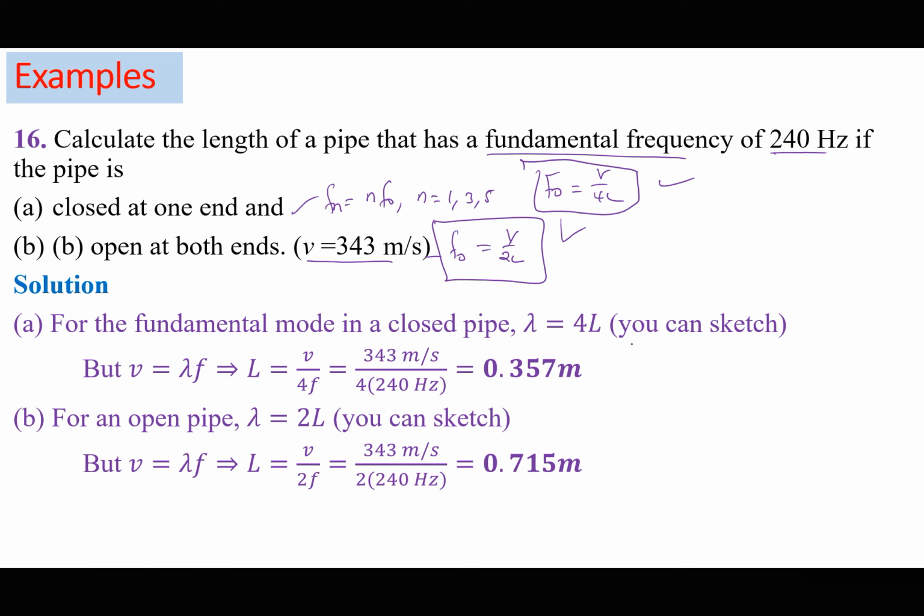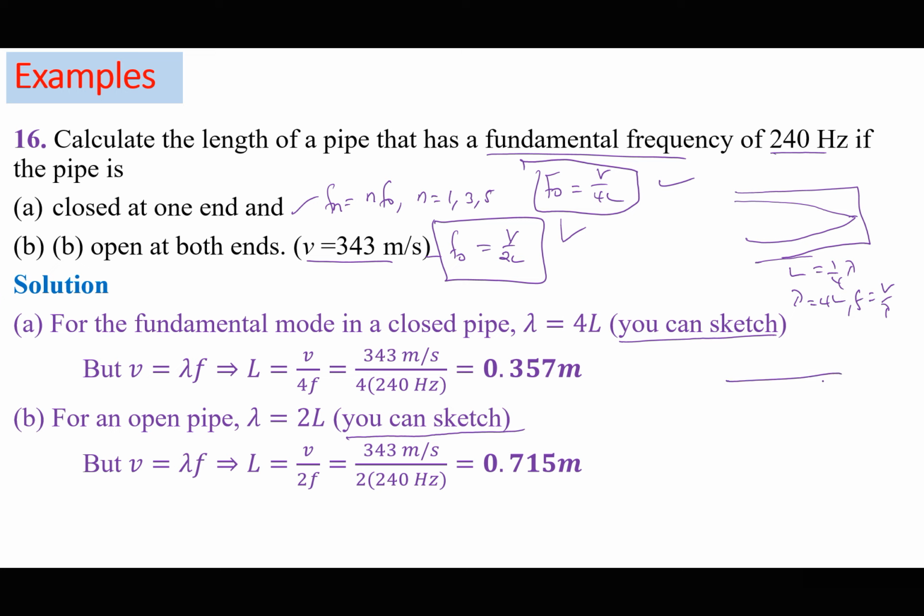I was always saying that you can always sketch in case you don't really remember what happens. For a closed pipe in its fundamental mode, you have a quarter of a cycle. So the length L is equal to a quarter of a cycle, which means the wavelength is 4L. And F is V over lambda, where lambda is 4L.